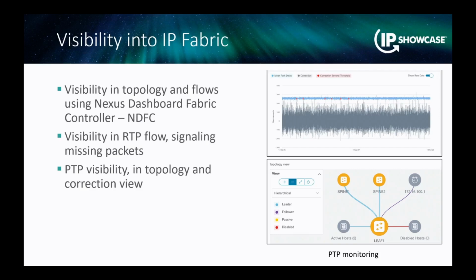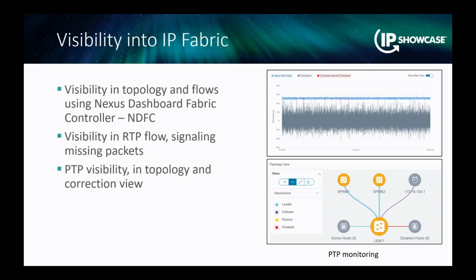Another important thing is PTP, so time synchronization in the system. You're able to monitor and visualize that as well. In the top diagram, you see the correction and mean path delay, so you can look at those and figure out if there are any errors.